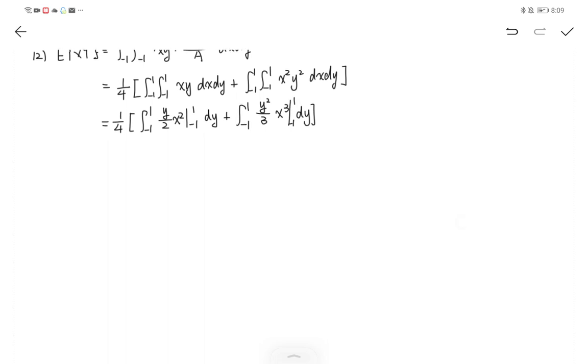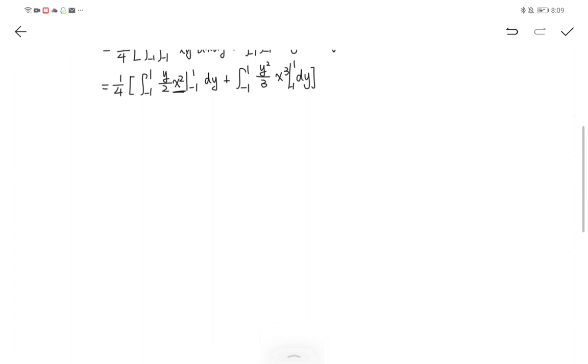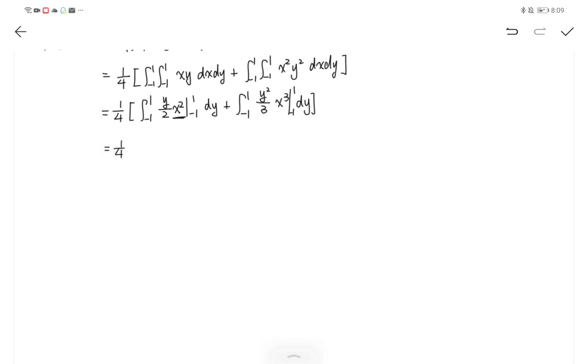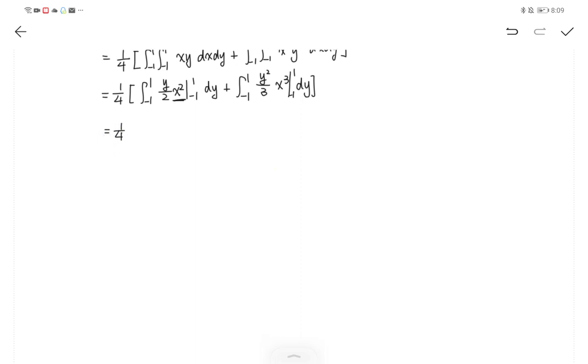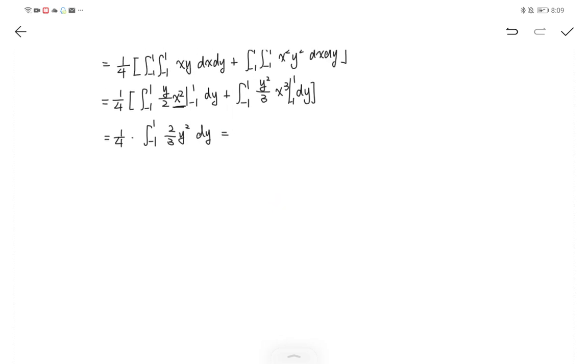For the first part, x to the power 2 from -1 to 1 gives 0, so we only calculate the second part. It equals 1/4 multiplied by the integral from -1 to 1 of the remaining terms dy, and it equals 1/4 multiplied by 4/9, which is 1/9.